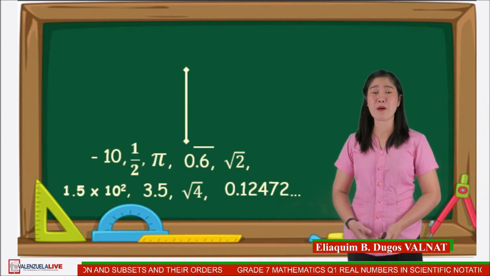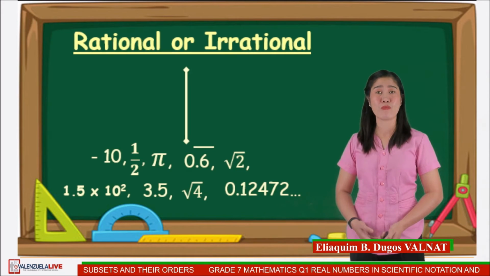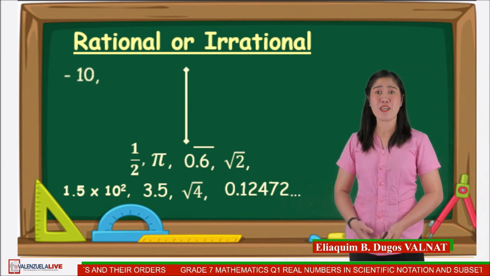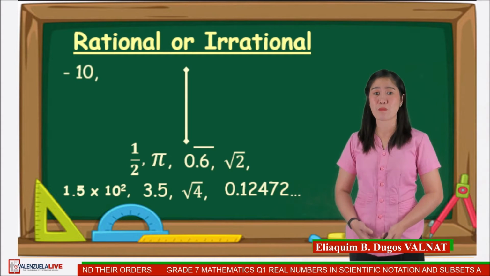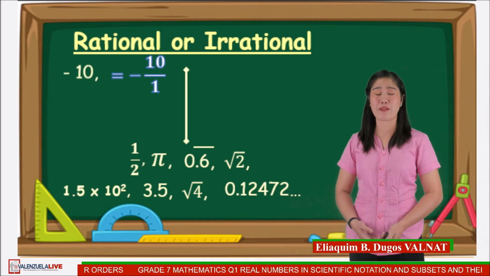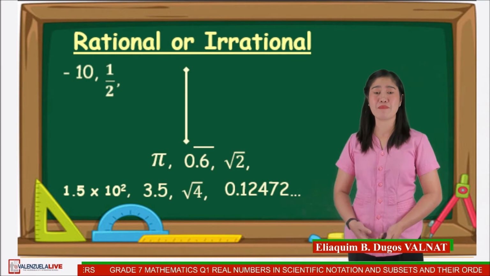Based on the given examples of real numbers, let's take a look at the numbers belonging to rational and irrational. Negative 10 is rational since we can express this as a simple fraction, negative 10 over 1. 1/2, that is rational.